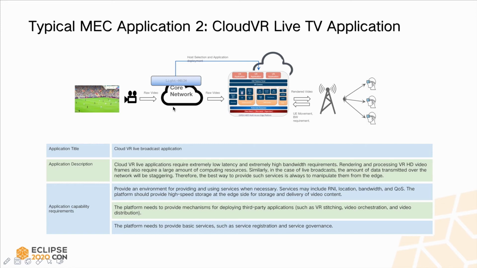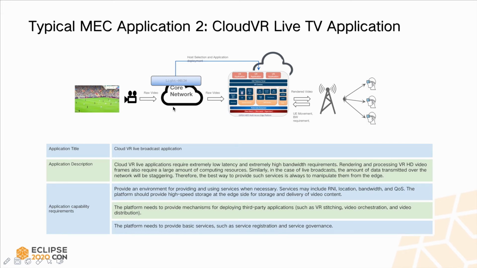Similarly, in the case of live broadcasting, the amount of data transmitted over the network will be staggering. Therefore, the best way to provide such services is always to manipulate them on the edge.